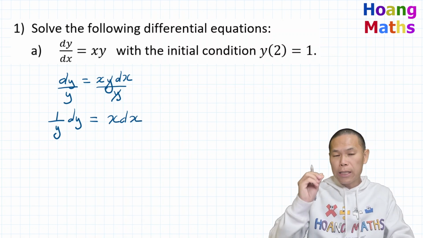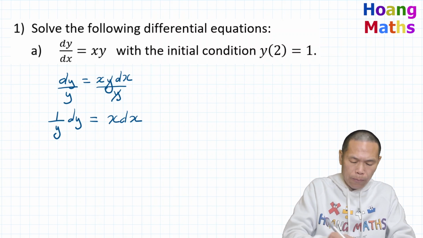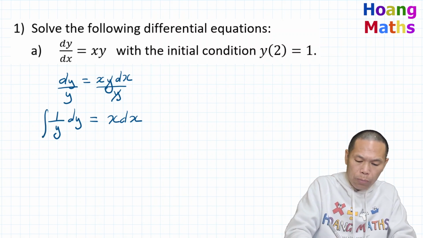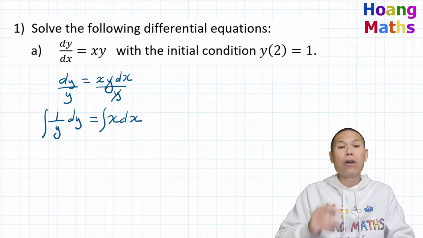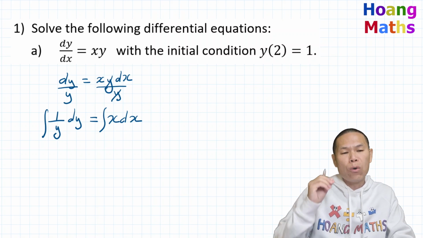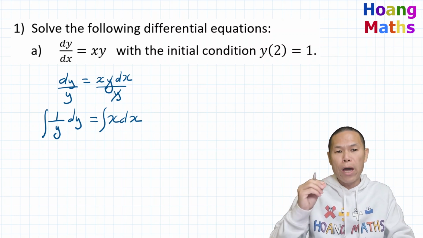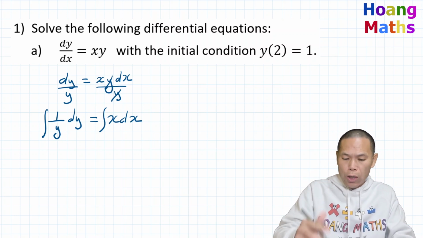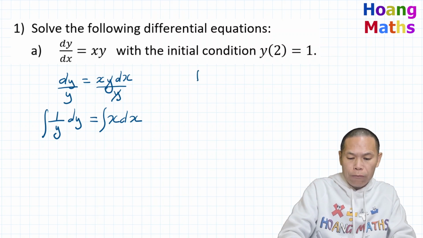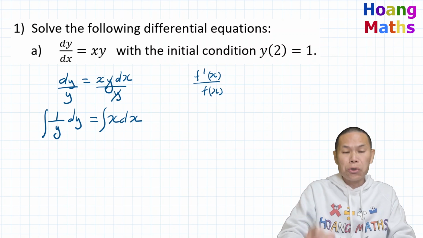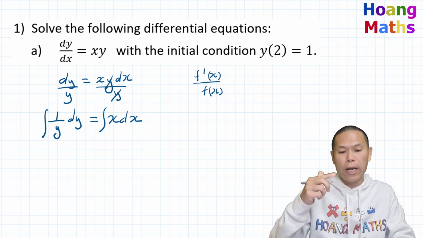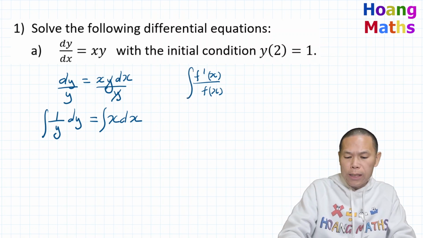Now I integrate both sides. Integrating 1 over y will give me ln of y, because it is f dash x over f of x, because differentiating y gives me 1. So if we integrate this, it will give us ln of the absolute value of f of x, and we add a c.